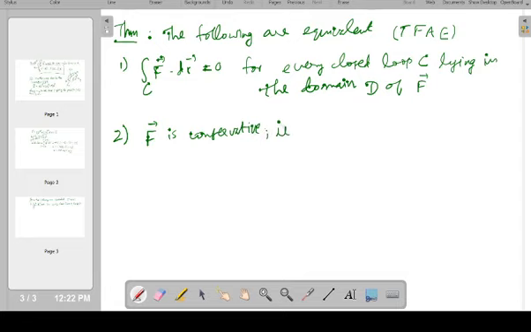So what is the meaning of that? That is, line integral is path independent. That is, line integral f dot dr is path independent. That is what is meant by conservative.